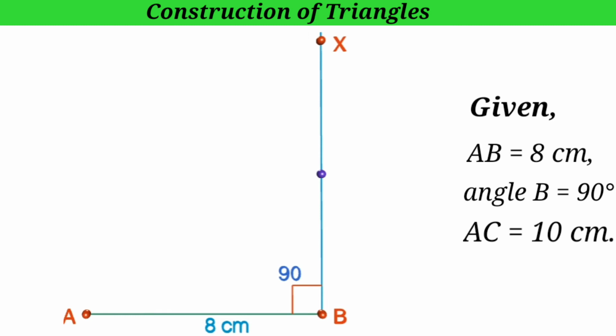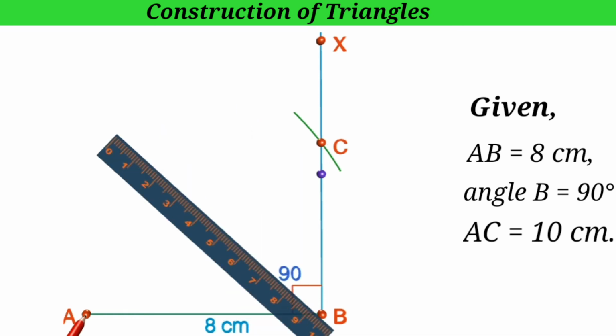So by taking the radius 10 centimeters and with the center A we have to draw an arc. So see student, how can we draw the arc? So here with A as center and 10 centimeters radius we have to draw an arc. So now identify the point of intersection of the arc and the ray. This is the point of intersection and name it as C.